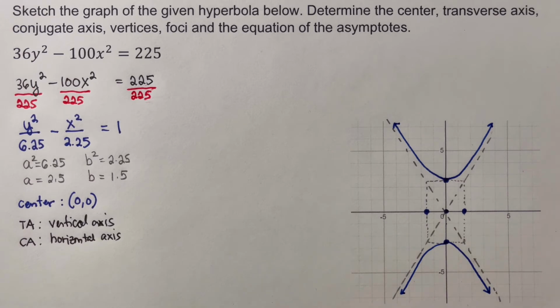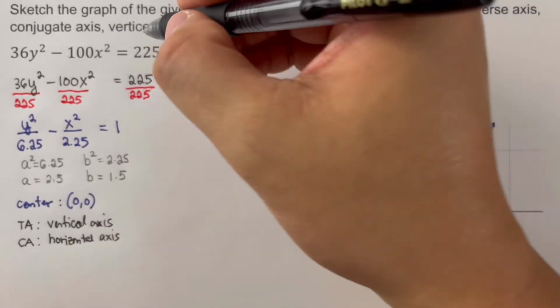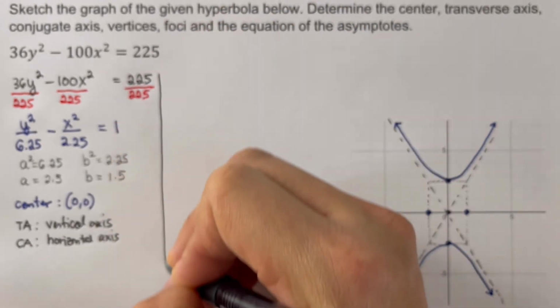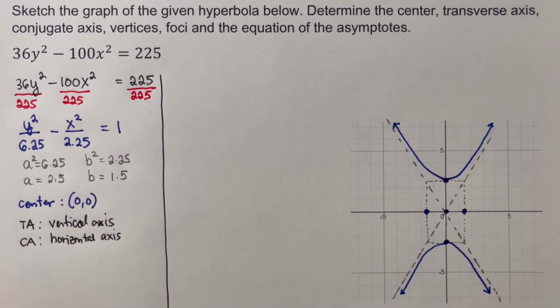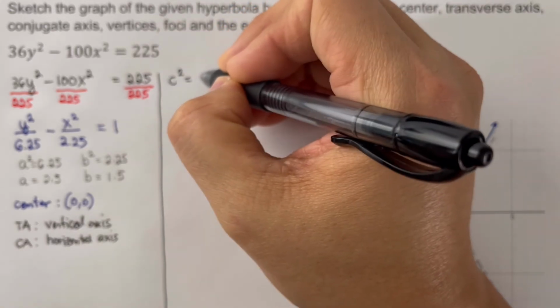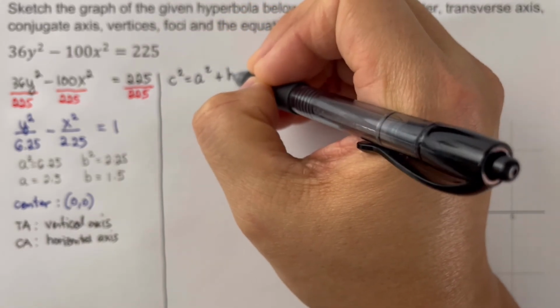Now we determine the location of the two foci. Remember that the focus is located c distance from the center, so we solve for the c value. I'm going to show the work up here. The formula for c of a hyperbola is c squared is equal to a squared plus b squared.